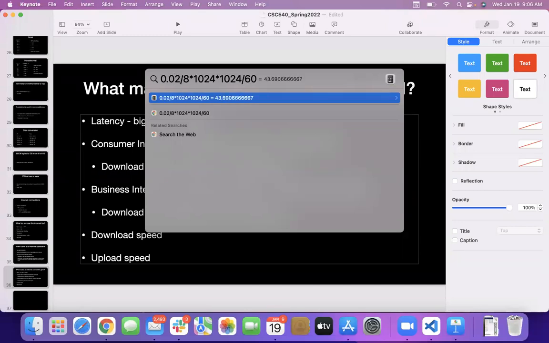In terms of download speed, we only need 0.03 megabits per second.